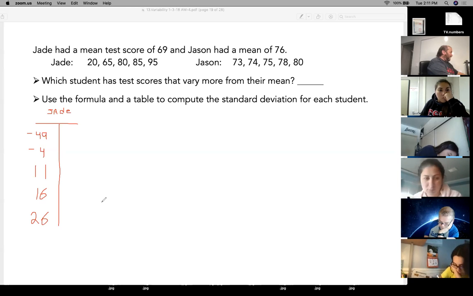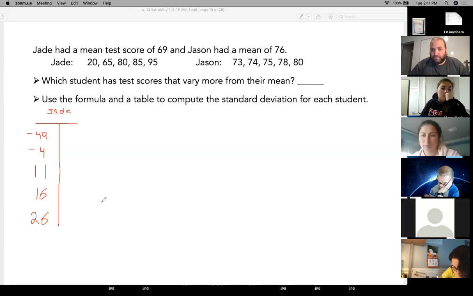Those are Jade's deviations. Notice, by the way, that if you add up the deviations, you get 0. That's always true. It can be proven that the deviations always add to 0. So we're not going to add them. What we're going to do is square them and then add.